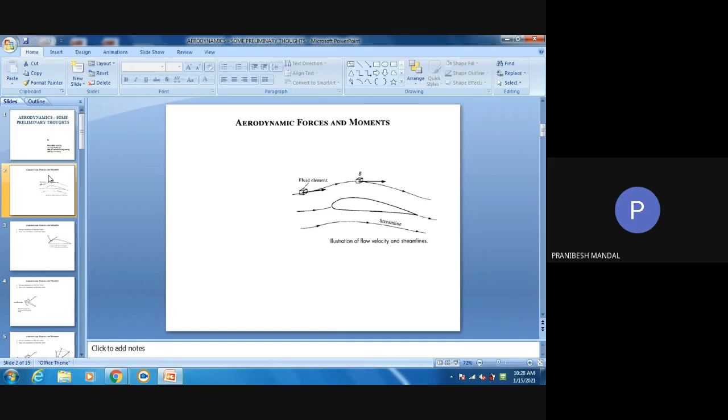As an aerodynamic object, it is customary to take an aerofoil. Is there anybody who does not know what an aerofoil is? If you take the cross section of a flight wing, just a second, let me show you.